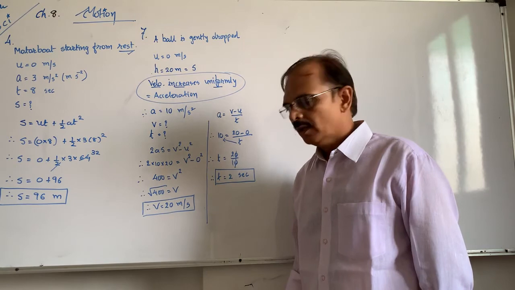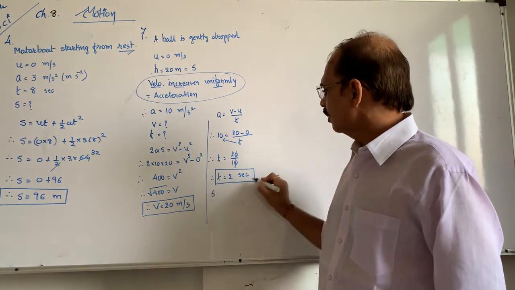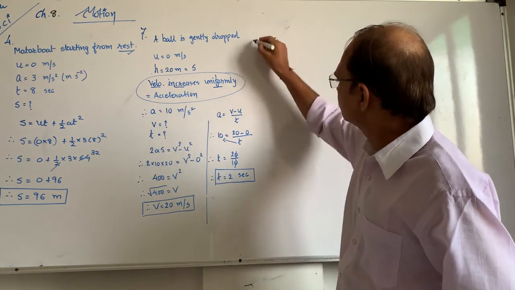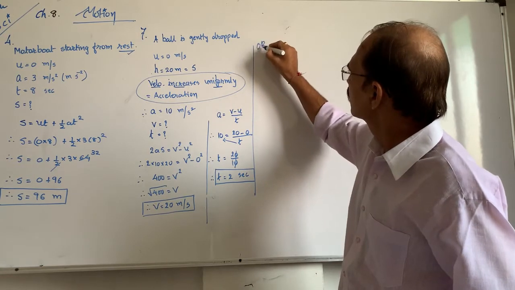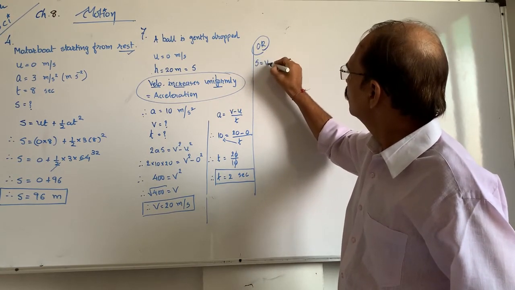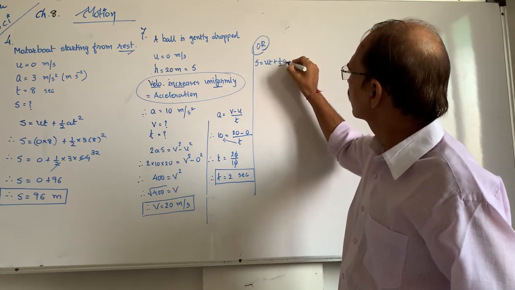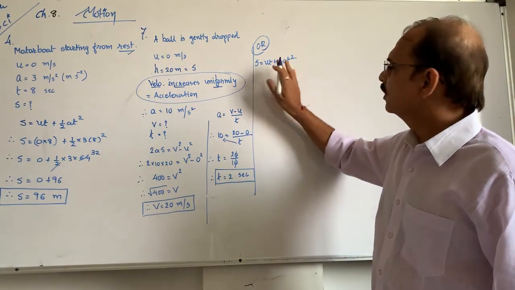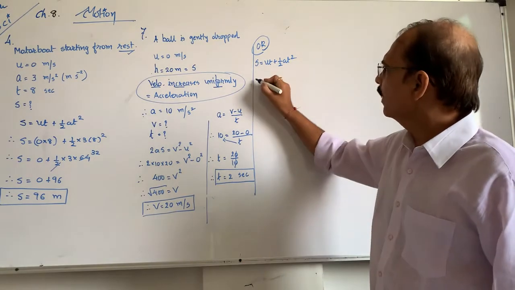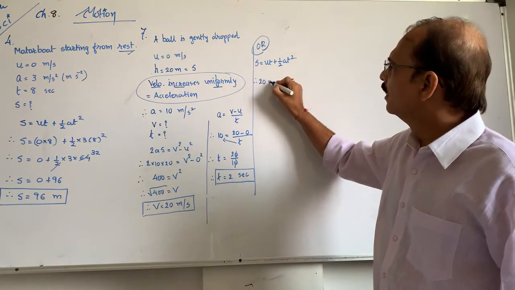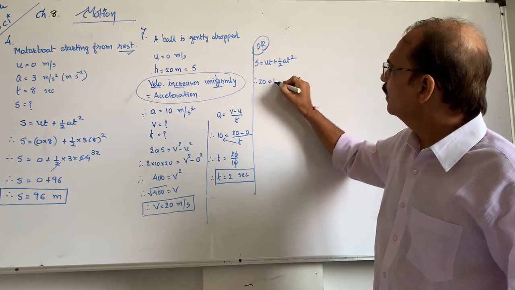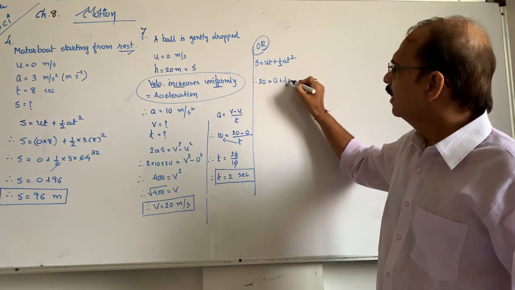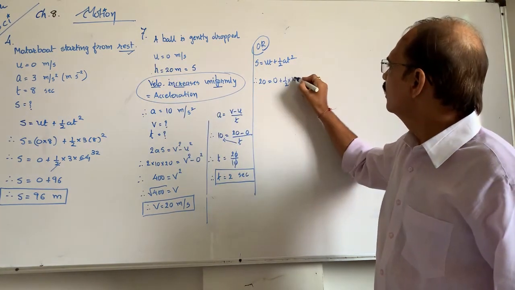Is it okay? With the help of s equals ut plus half at square, instead of the previous formula, suppose that formula strikes your mind, then you can also apply it. s is the distance, 20. u is 0, and 0 into anything is 0. Plus half, a is 10, into t square.